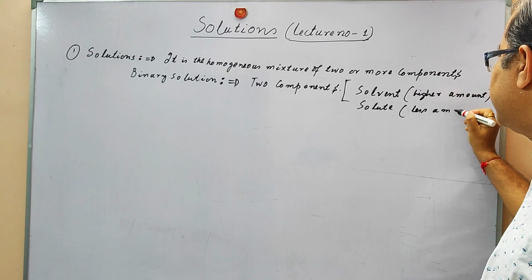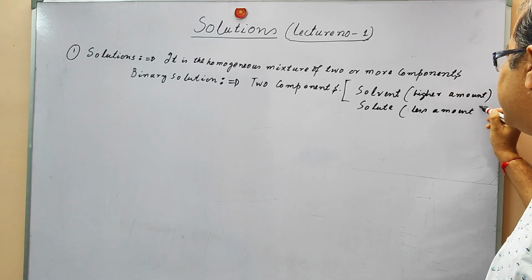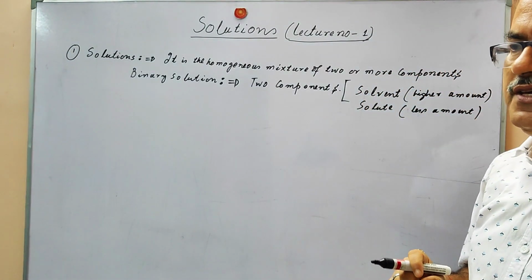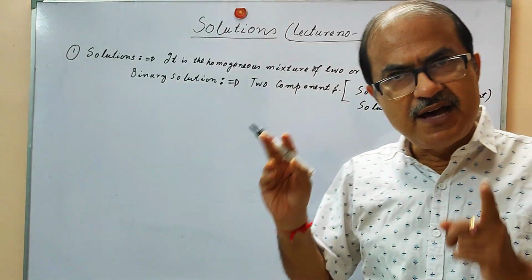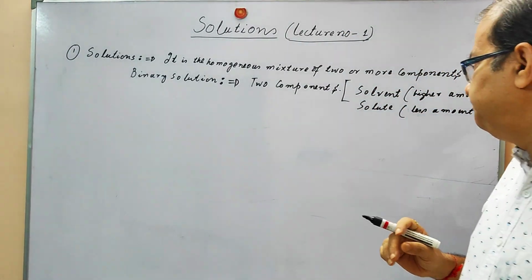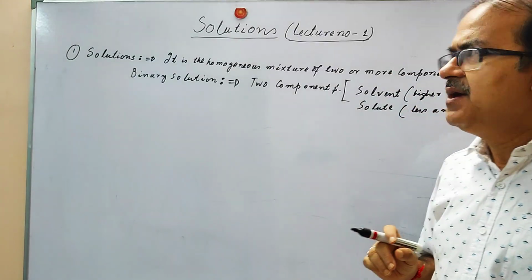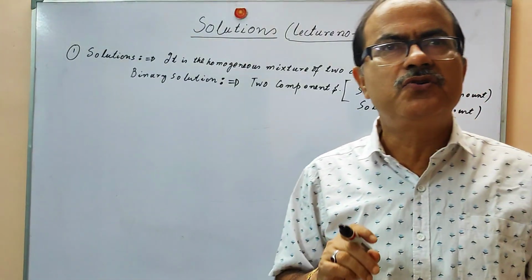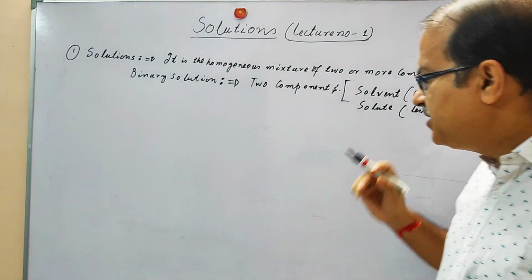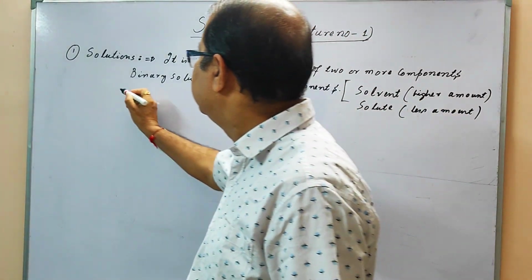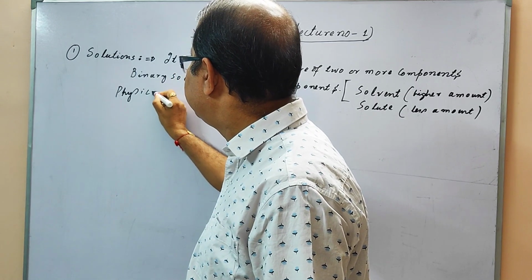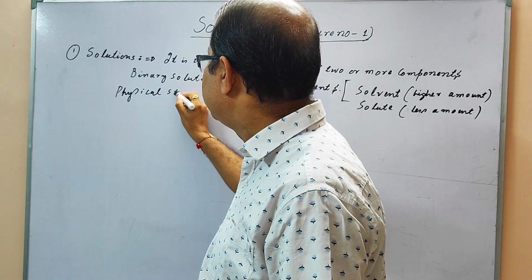A simple example is a sugar solution. In the sugar solution, water is the solvent and sugar is the solute. So you understand what a solution is, what binary solutions are, and what the components are. Another very important thing is the physical state.